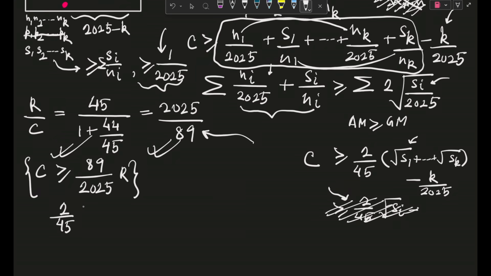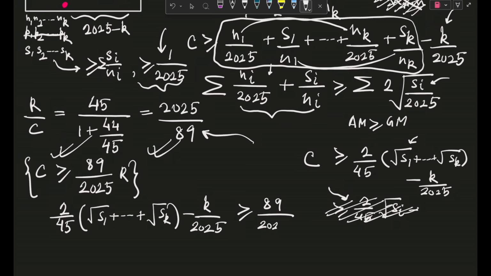So actually 2 by root 45 times root S1 plus dot dot dot till root SK, minus K by 2025, this thing can be greater than or equal to 89 by 2025 times R. But actually it is not. Why?